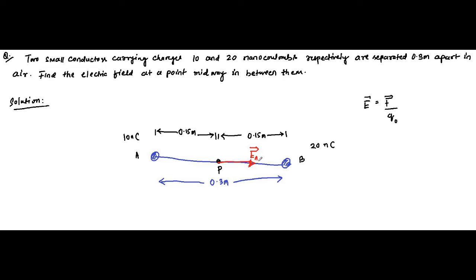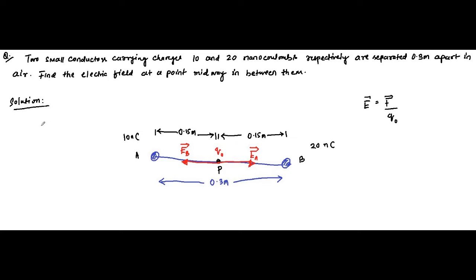And similarly, there will be a force of repulsion between the 20 nanocoulomb charge and the unit positive test charge placed at P. That will also be repelling type and it will be directed in this direction. This is the electric field vector due to the charge 20 nanocoulomb placed at P. So now we have to calculate the values of EB and EA.